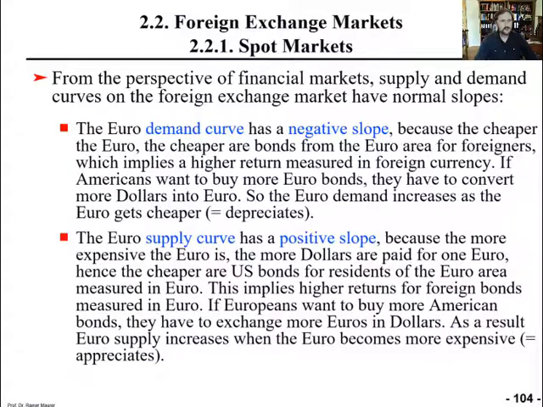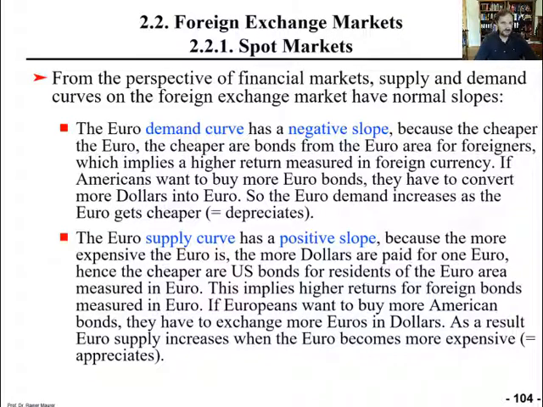The euro supply curve has a positive slope, like supply curves typically have. Because the more expensive the euro is, the more dollars are paid for 1 euro, and hence the cheaper are US bonds for residents of the euro area, measured in euro.